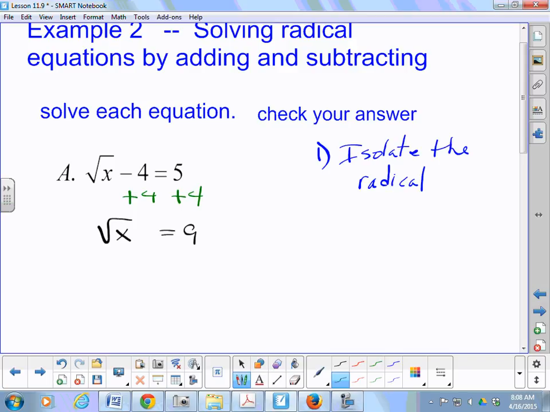Once we have just the radical on that one side, then we're going to get rid of the radical symbol by squaring both sides. So we get x equals 9 squared, or 81.